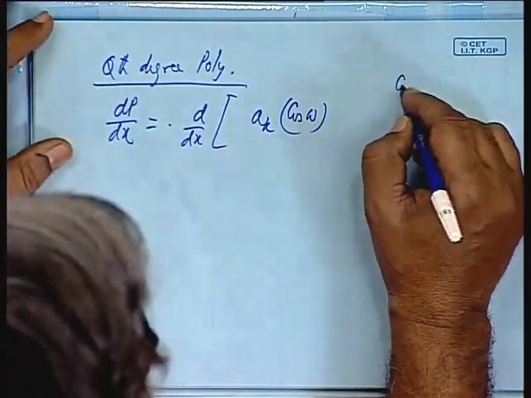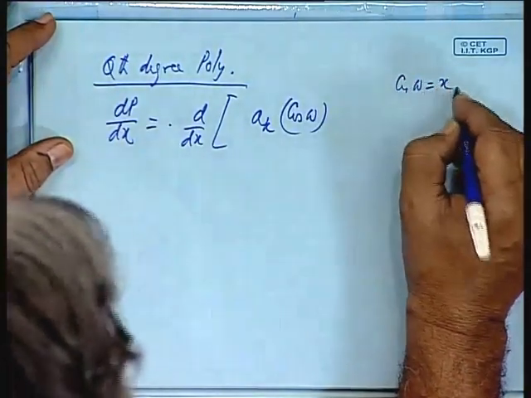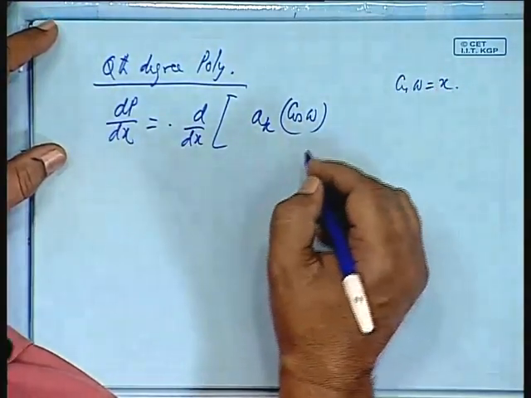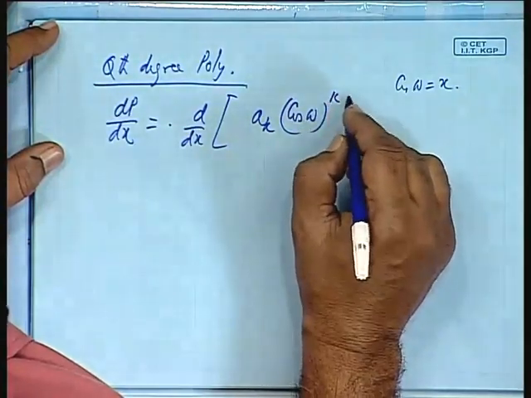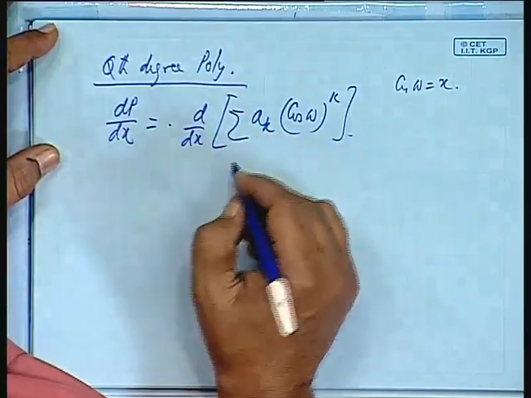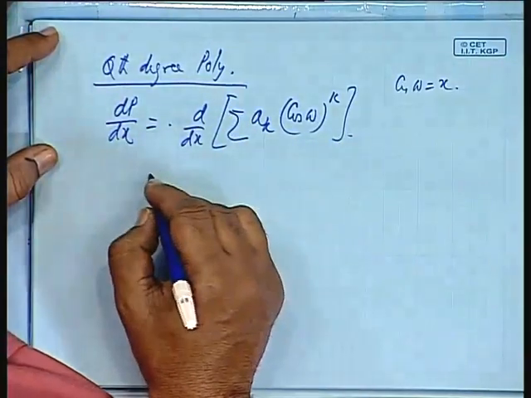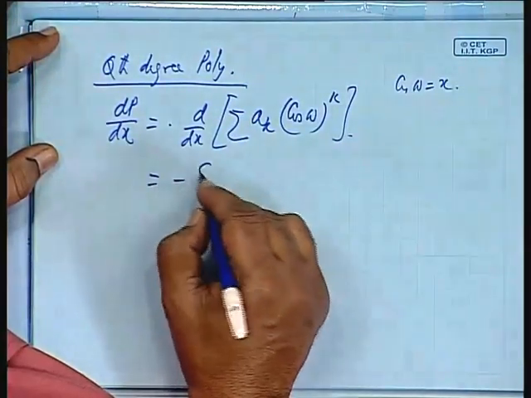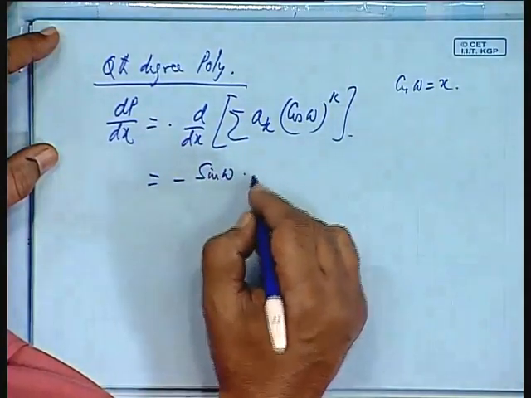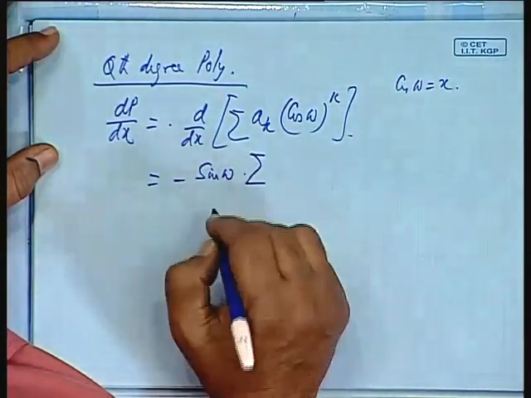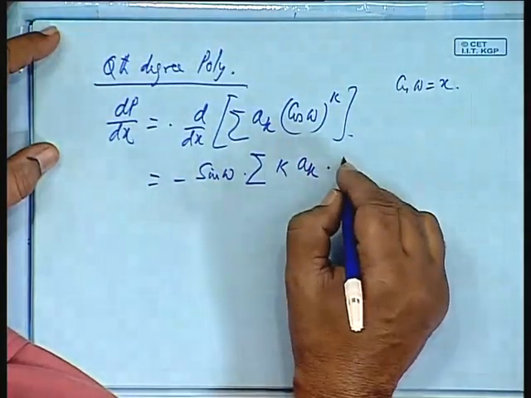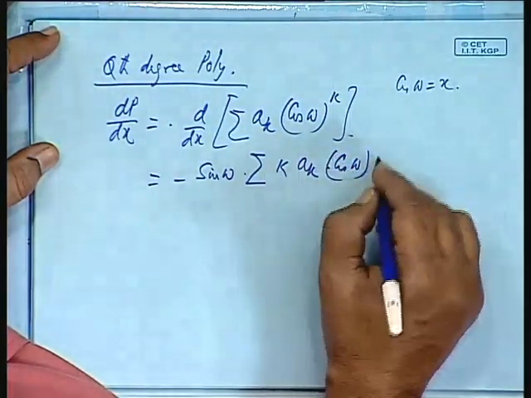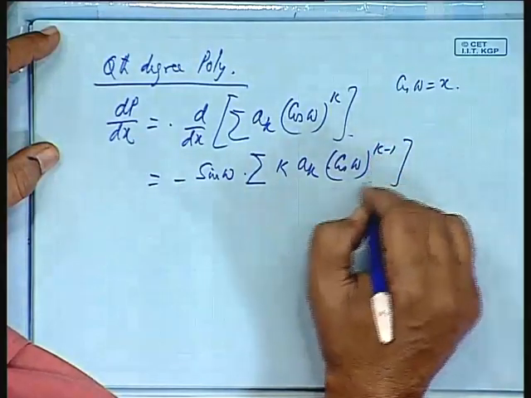We have taken cos omega equal to x. So dp by dx, with cos omega as x, is basically the summation of a_k x to the power k. If we differentiate, it will be minus sin omega into k into a_k cosine omega to the power k minus 1.